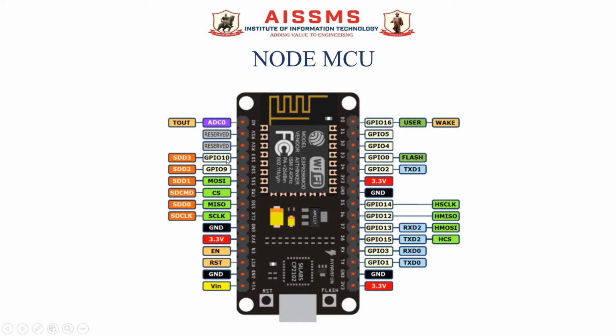This is GPIO 10, GPIO 9 pin. Then these pins, MOSI, CS, MISO, serial clock, are all used in serial communication like I2C and SPI.